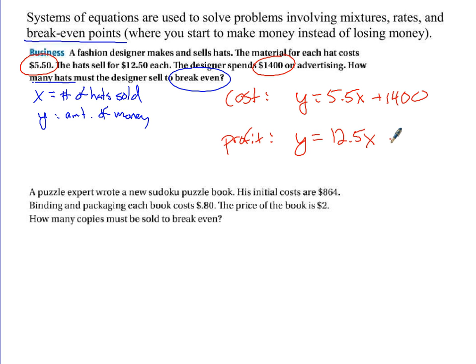All right? These are my two equations, a cost equation and a profit equation. I probably should have changed this color to green because then I'd be making money here, but you get the idea. Now, this is a system of two equations. What can I do? I could graph them. They're both in slope-intercept form. Is graphing going to give me necessarily an exact answer?